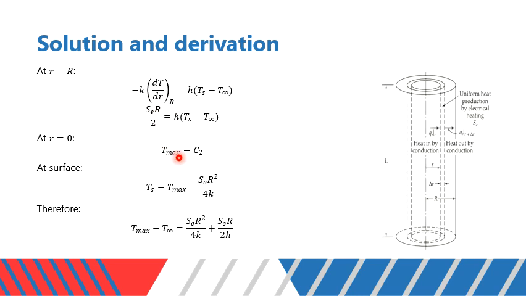So from there we get Sc R by 2 is equal to h of Ts minus T infinity. We don't know the Ts value, but we know the T infinity value, it is given in the question. So we have to replace Ts by T infinity in every place. So T max is equal to C2.